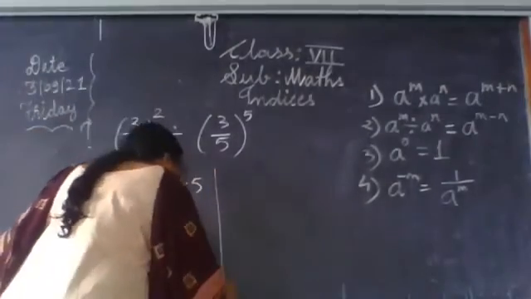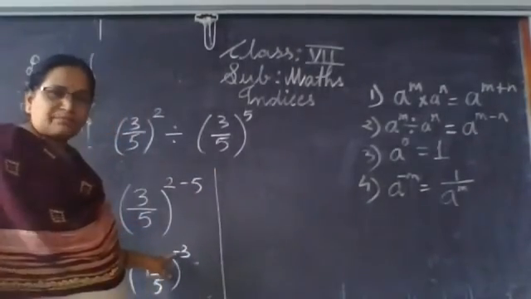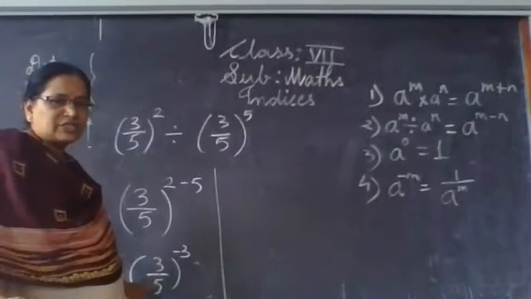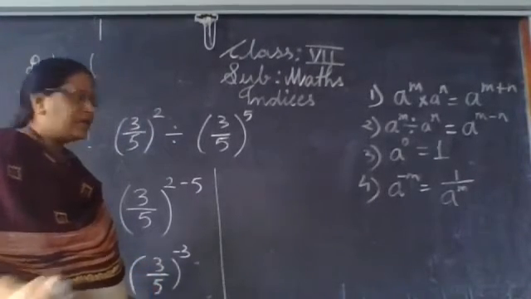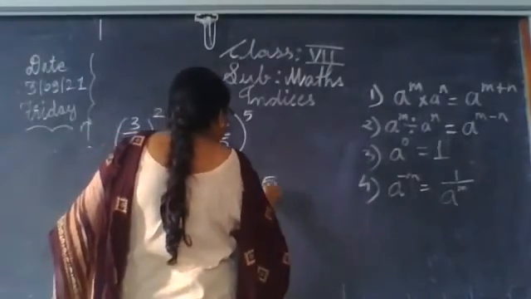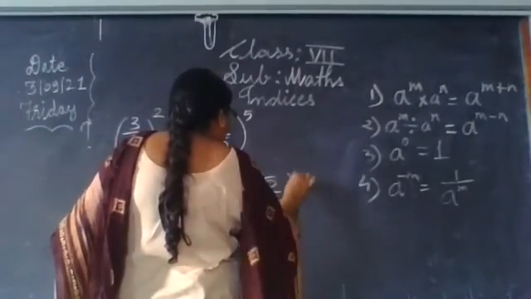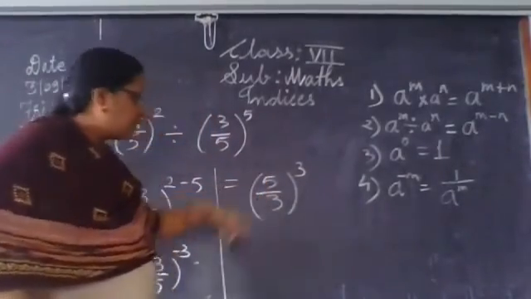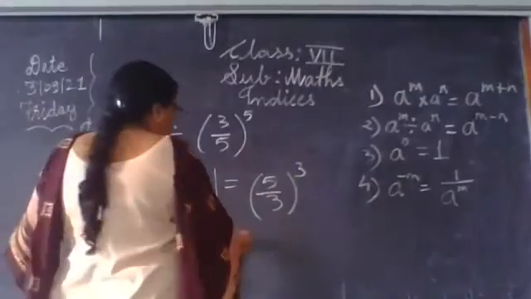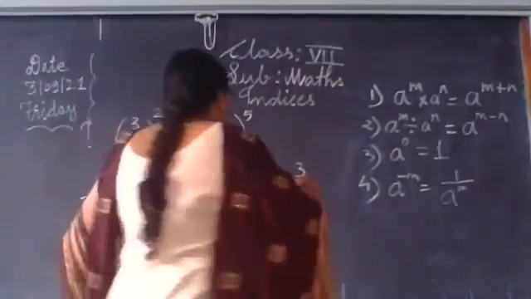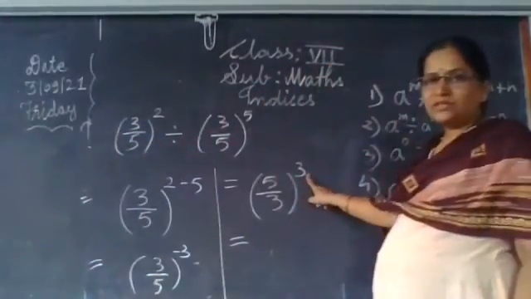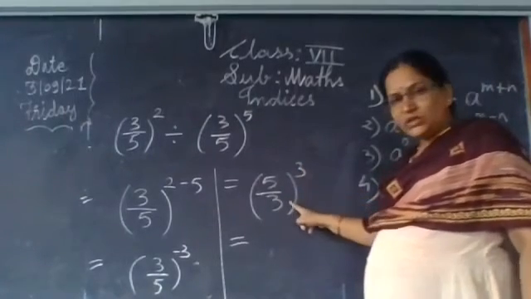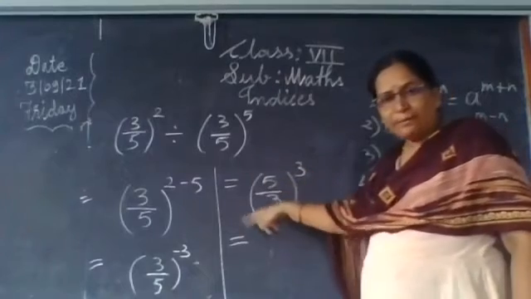Okay. Now what to do? To make this power positive, you have to take the reciprocal of this rational number. So 3 upon 5 becomes 5 upon 3, and now the power becomes positive. This power 3 is known as cube. So this cube is for 5 and it is for 3 also, because the cube is given for the bracket.